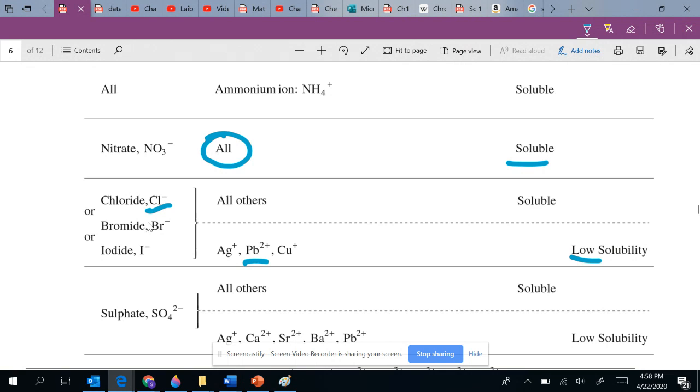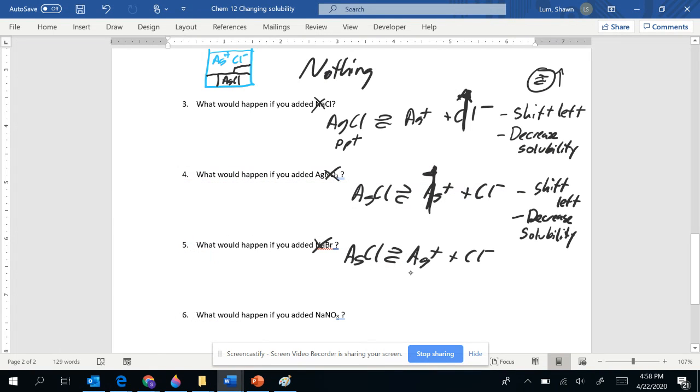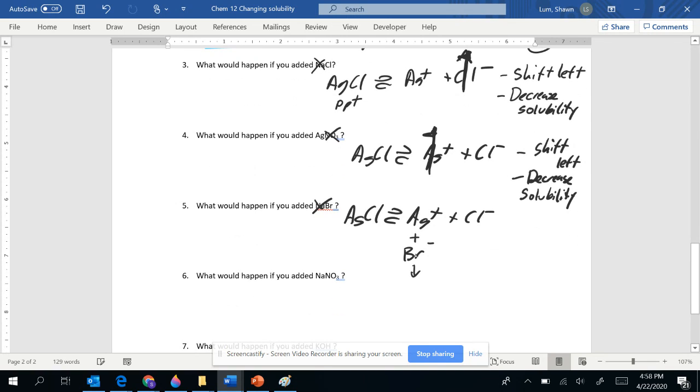Here we see that Br plus Ag has low solubility. So Br is going to be reacting with Ag, and it's going to form AgBr.